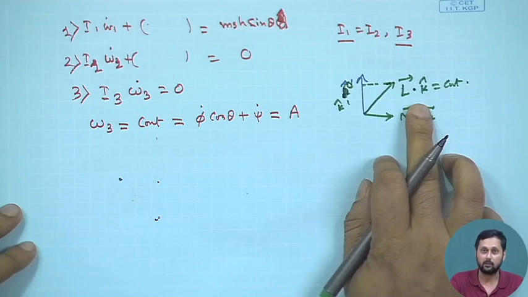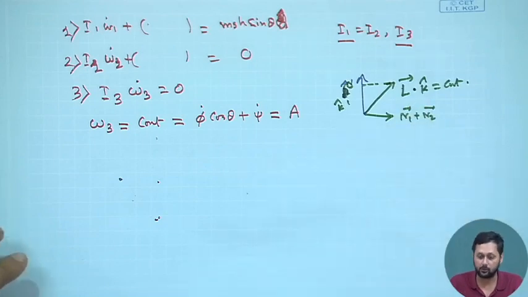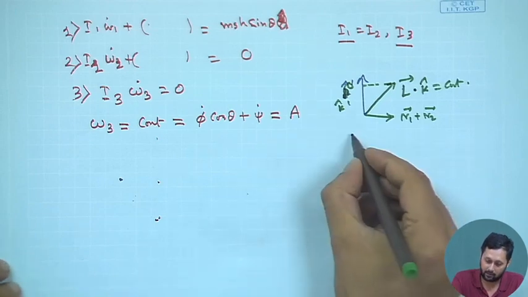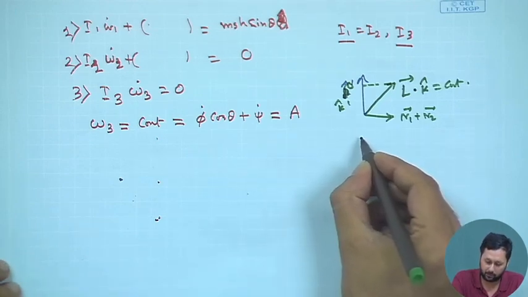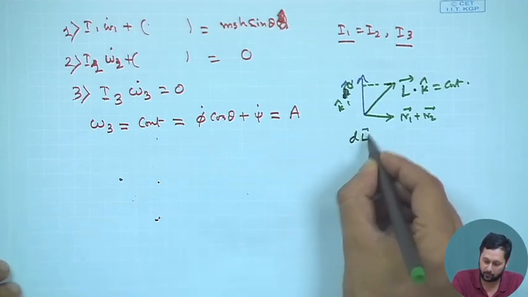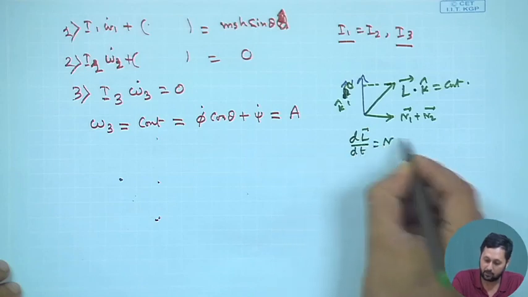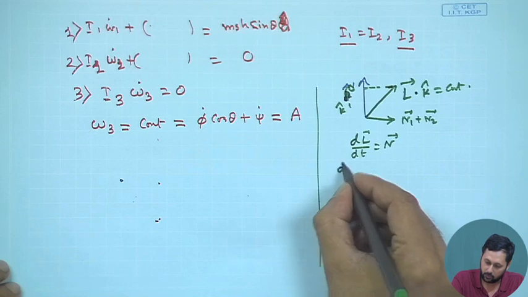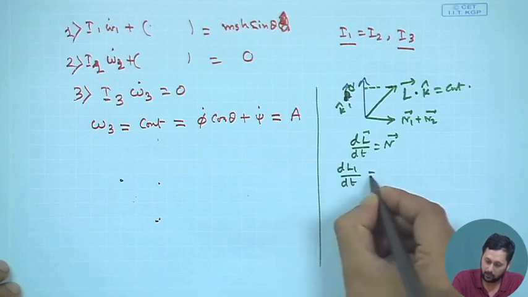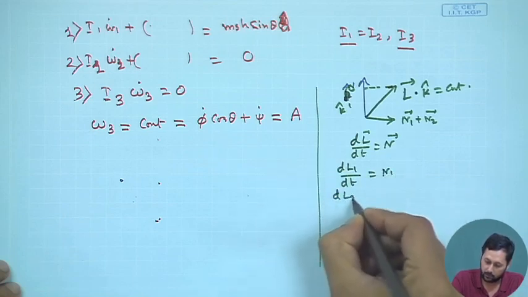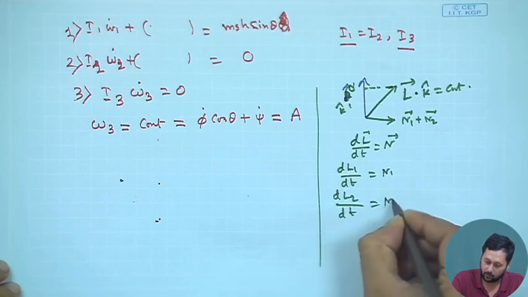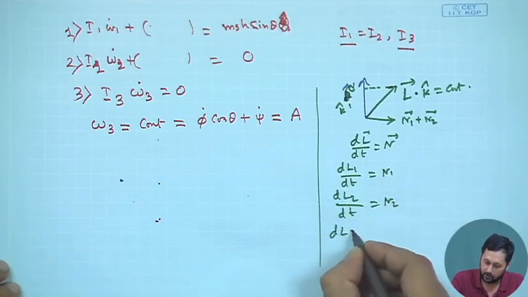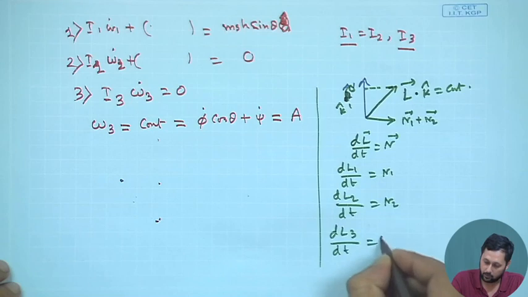It has to be. That is from the physical point of view, because please remember, angular momentum can change. From the space set of axis, our equation is simply dL/dt equal to n. Okay. So, I can decompose it into dL1/dt equal to n1, dL2/dt equal to n2, and dL3/dt equal to n3.